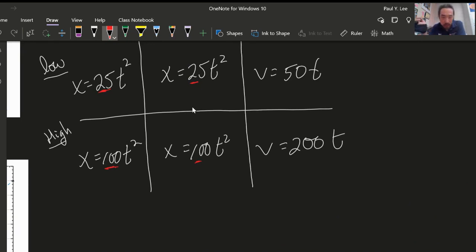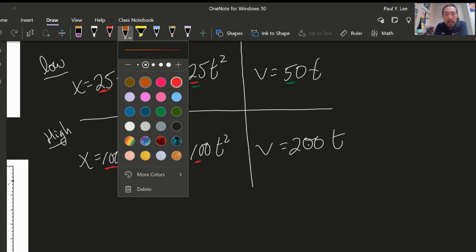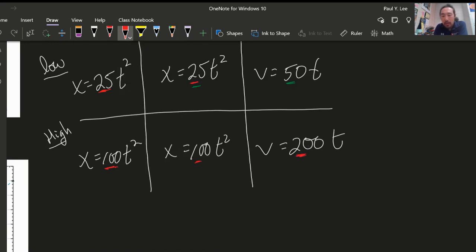And we have the last column. The last column still follows the trend: the low one has a lower value overall, and the high one has a higher value overall. So 50 versus 200. The other thing I want to point out is that this 50 is exactly double this 25, and this 200 is exactly double this 100.